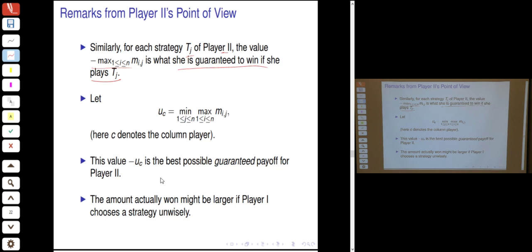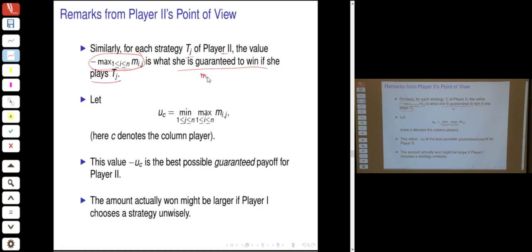Of course, player 2 wants to maximize this guaranteed payoff, so she wants the maximum over all the possible strategies, maximum over j, which is the strategy choice of player 2, of minus the max over i from 1 to n.